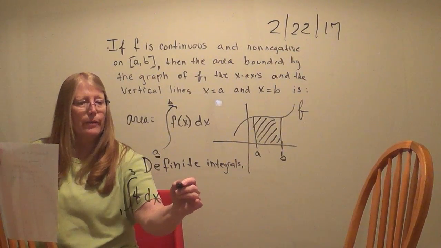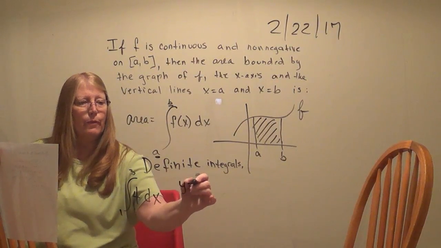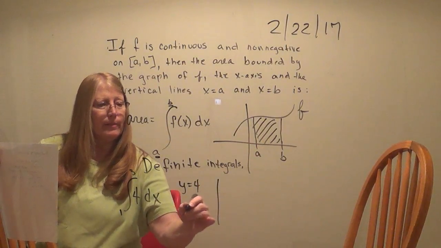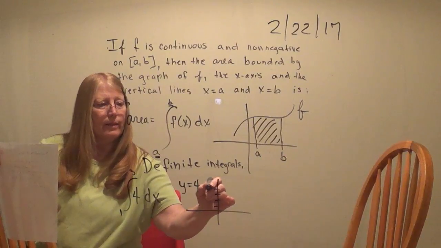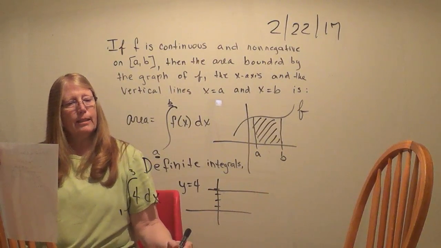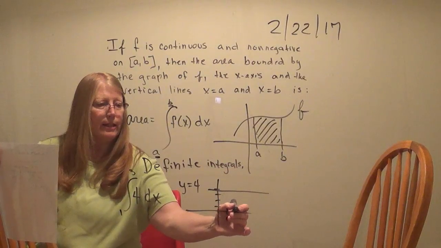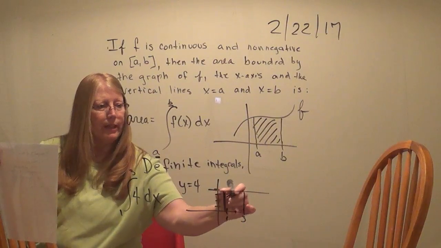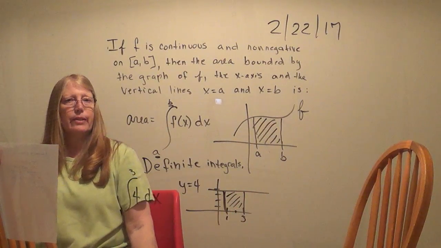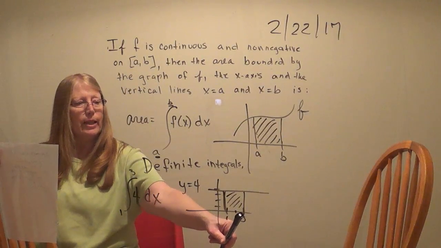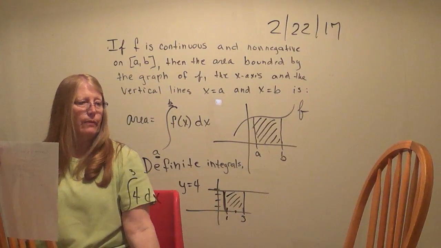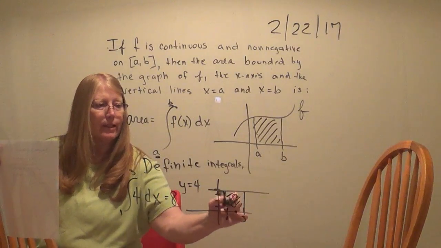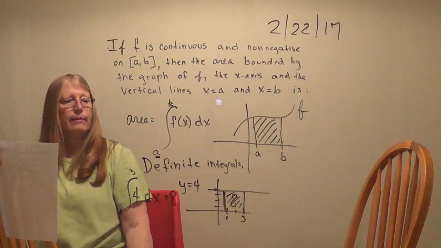The function is y equals 4, so I'm going to sketch it right there, and I'm interested between 1 and 3. So the area goes from 1 to 3. This area I can calculate, because it's just a rectangle, base of 2, height of 4. 2 times 4 is 8. So this answer must be 8, because I can look at it with geometry and tell.